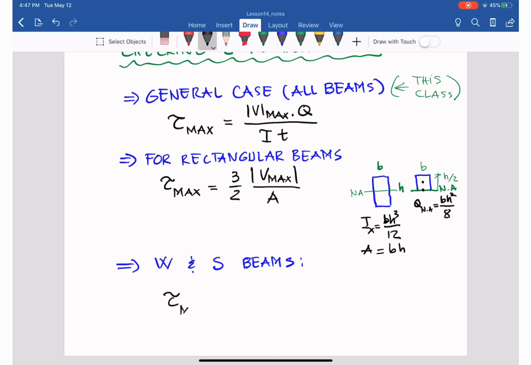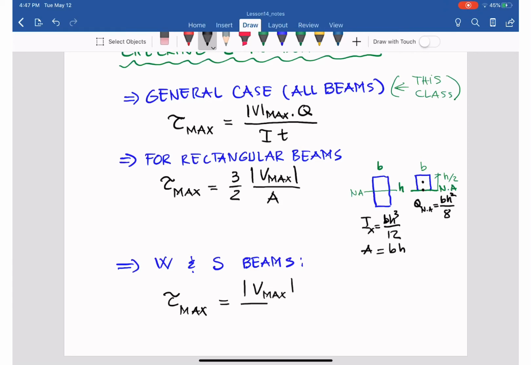For tau max, we only consider that the web carries the internal shear force, not the flange. So we just ignore the shear carried by the flange.